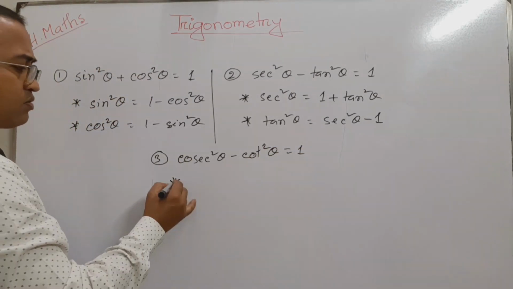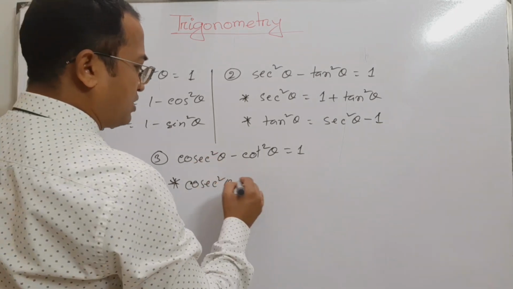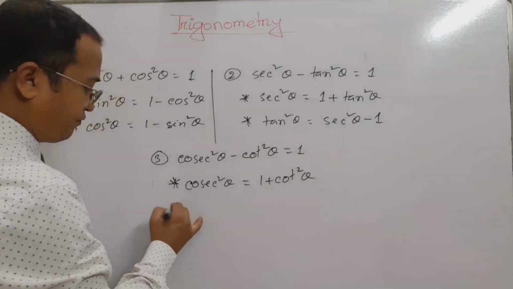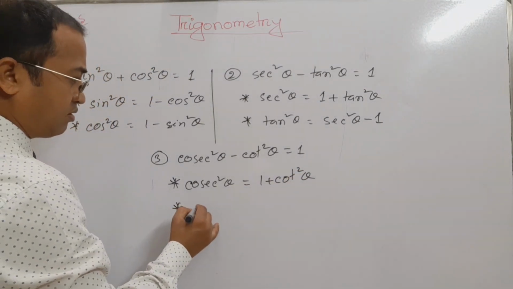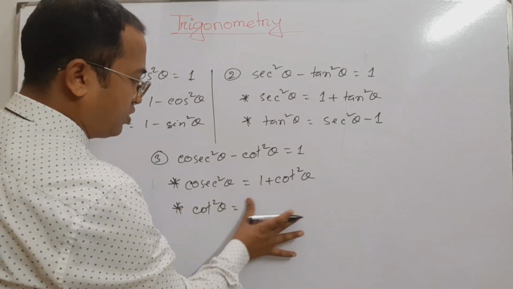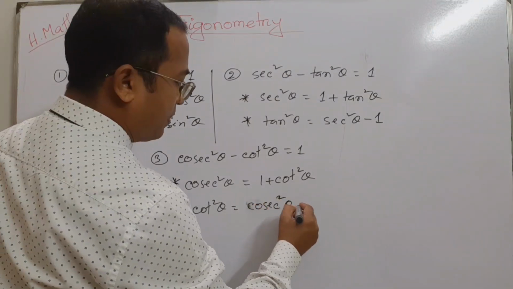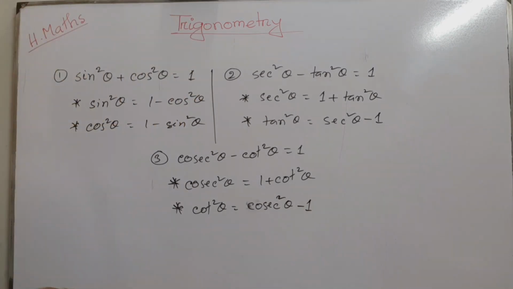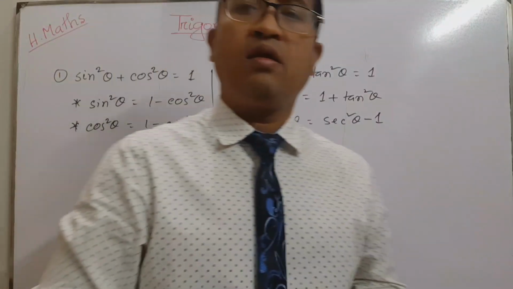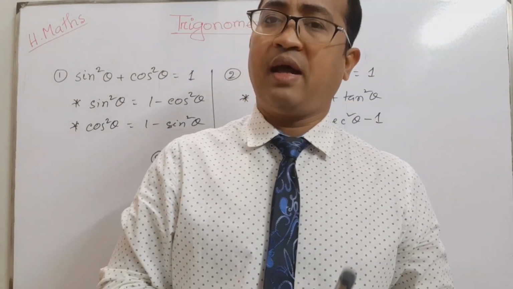From this we will get 2 more: cosec square theta equal to 1 plus cot square theta, and cot square theta equal to cosec square theta minus 1. If you know these 6 identities, you can solve any math from this exercise. So practice this again and again.